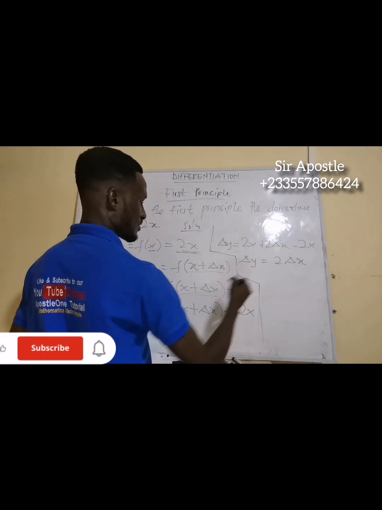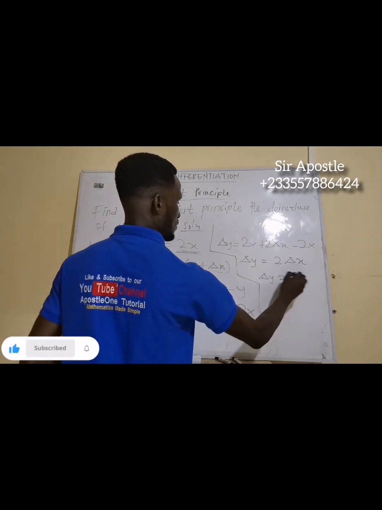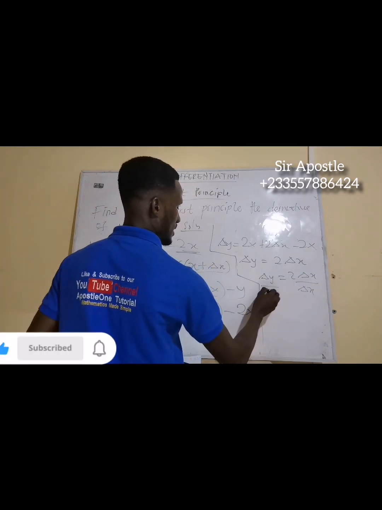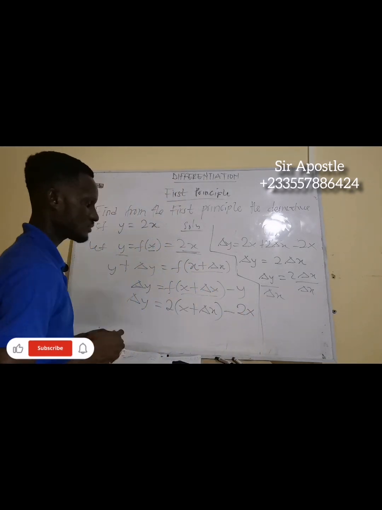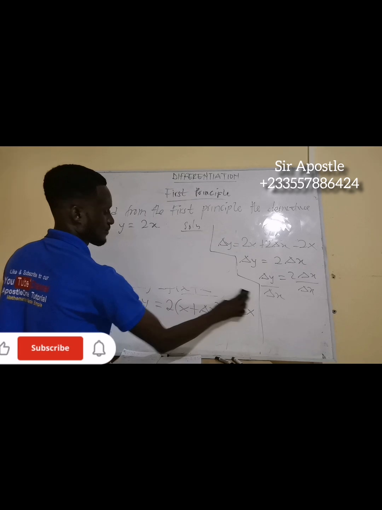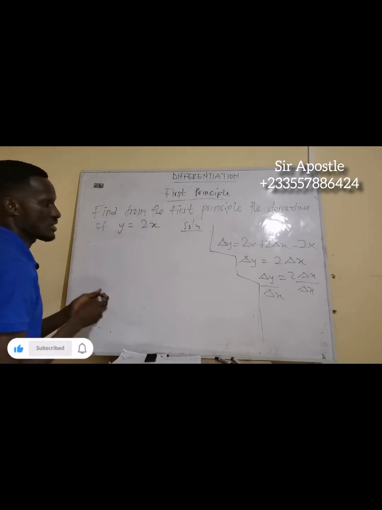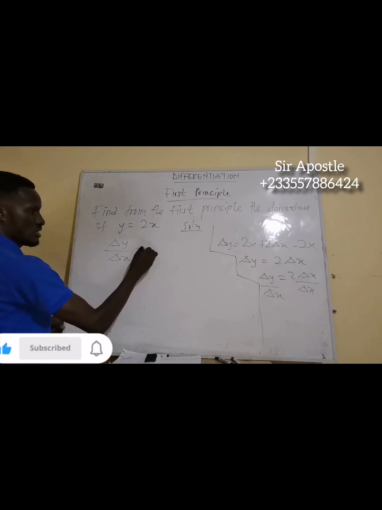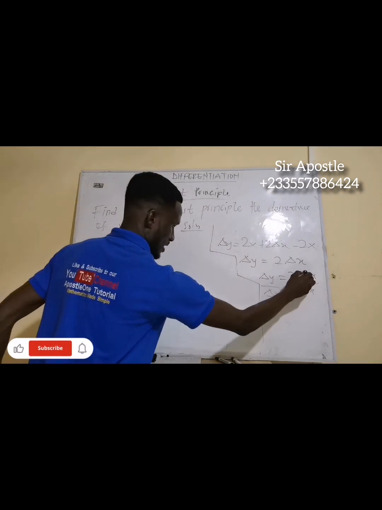So at this point, what I have to do is divide both sides by change in x, because I'm looking for change in y over change in x. Let me continue from here. Now, we are going to get change in y over change in x. Change in x will cancel change in x.